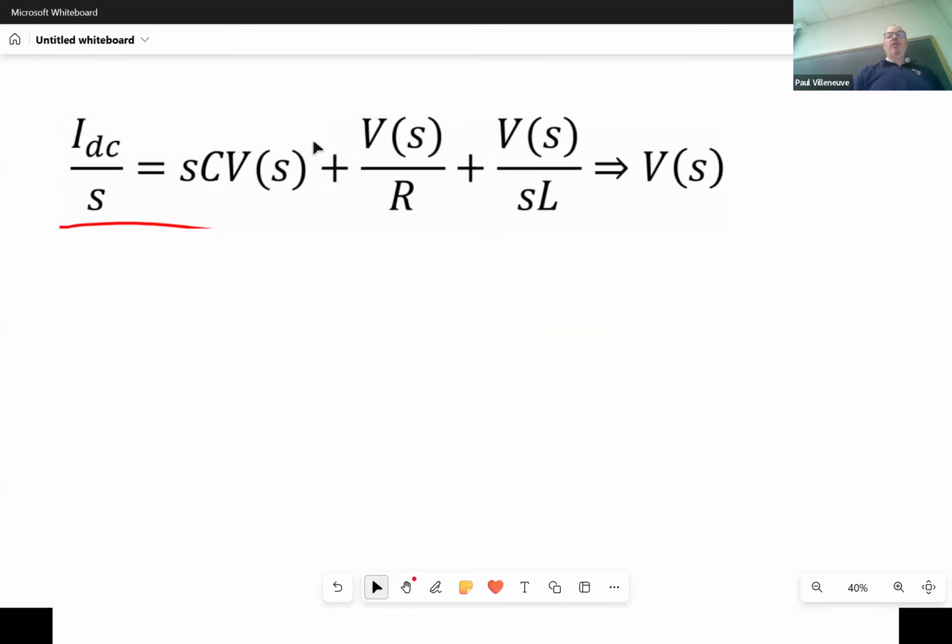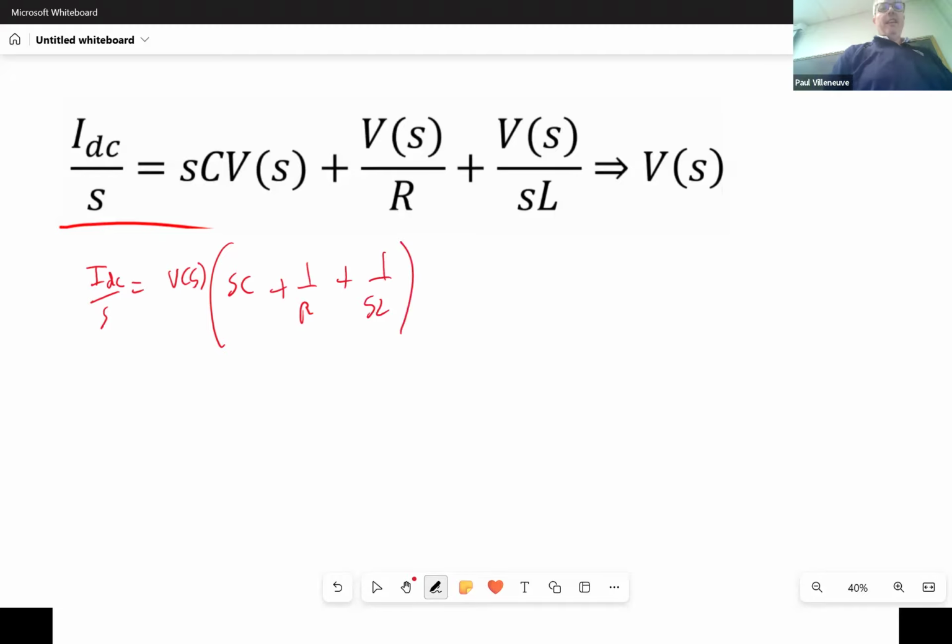Okay. So generally the easiest thing to do is to factor, right? Try to get all the functions together. So IDC over S is equal to V of S times SC plus 1 over R plus 1 over SL. Everybody okay with that?